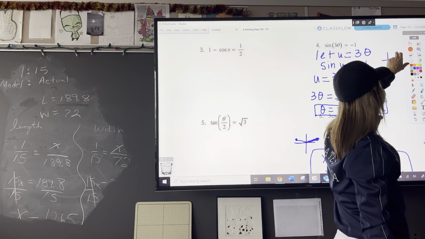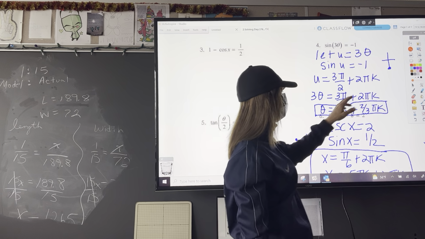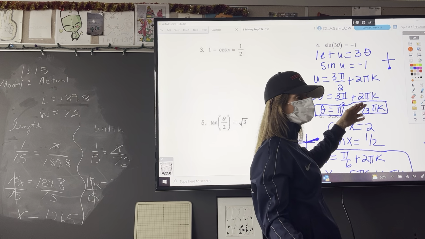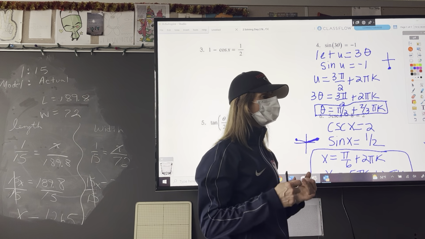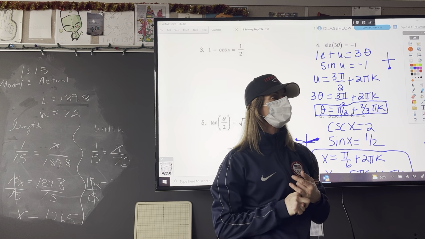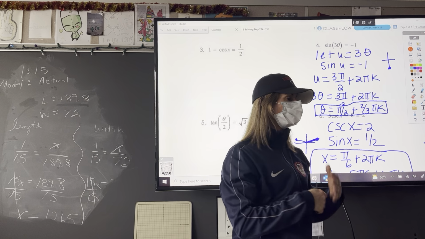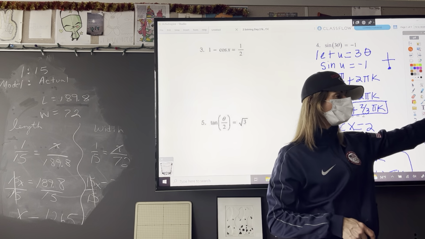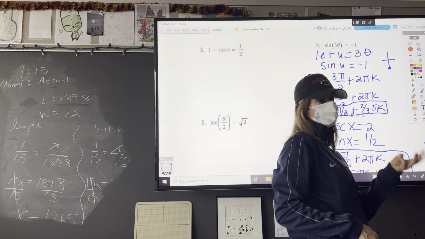And the way we represent that is we say 3 pi over 2 plus 2 pi an infinite number of times, and we just use k to represent that. It's just like when we were doing the asymptotes for the tangent. We had an infinite number of them. We just did pi k. Yeah, because k is 1, 2, 3, 4, 5. And so we're adding 2 pi 1 time, and then 2 times, and then 3 times, and then 4 times.